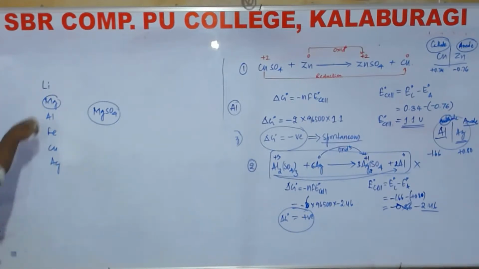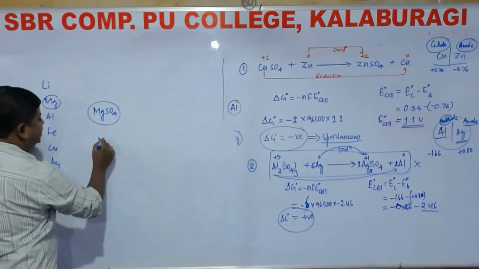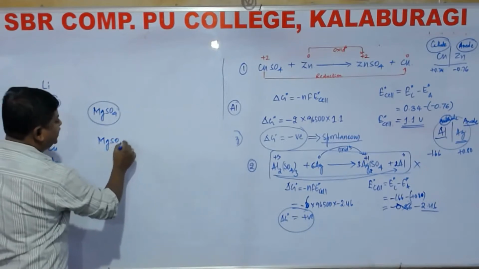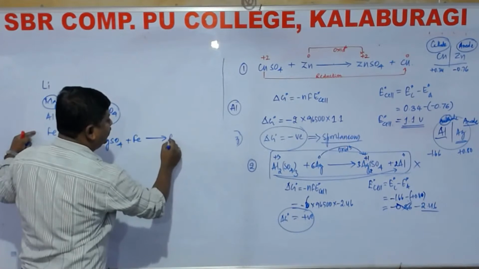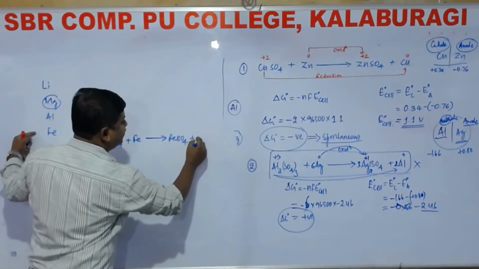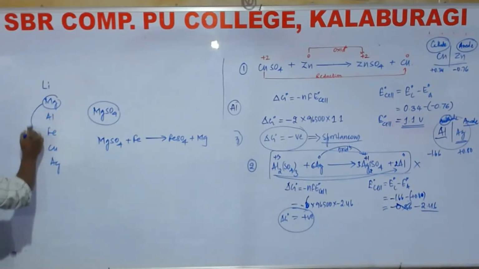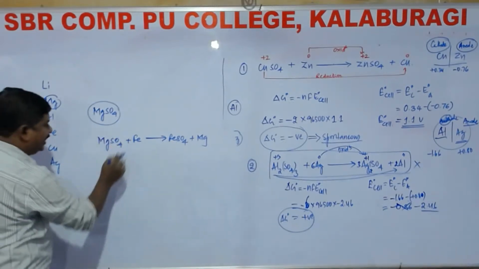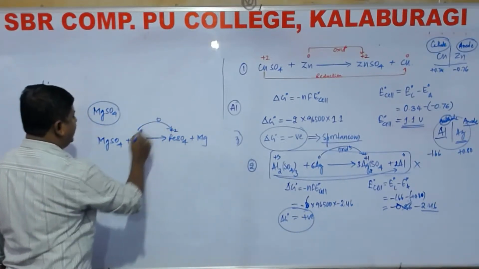Only lithium. The remaining elements cannot displace that magnesium, because the other element has to undergo oxidation and magnesium has to undergo reduction. If I consider MgSO4 plus Fe, this is going to be converted into FeSO4 and Mg. Just observe here, when magnesium and iron are considered, Fe is undergoing oxidation here, 0 to +2, this is oxidation.